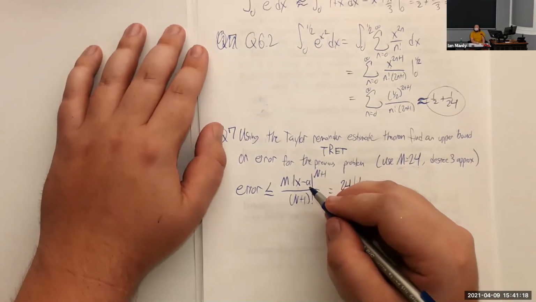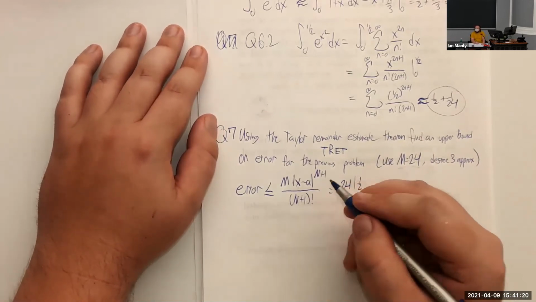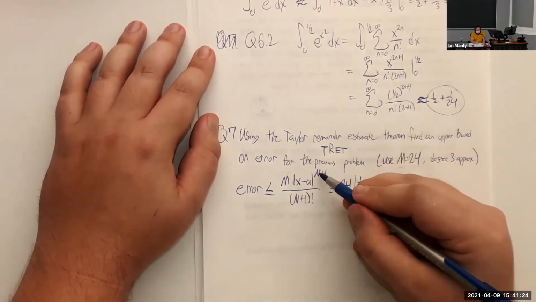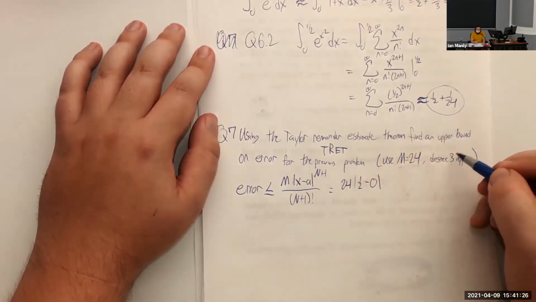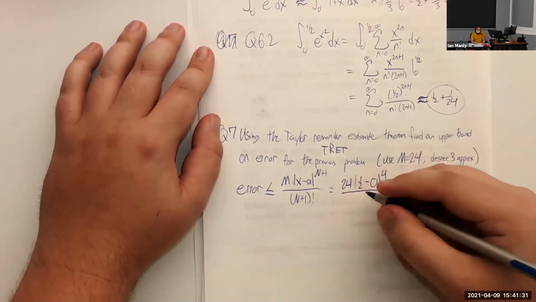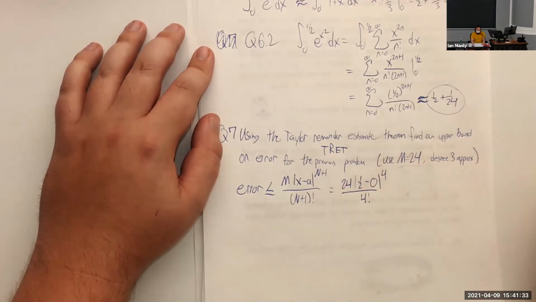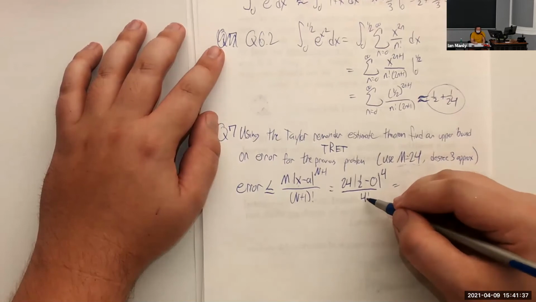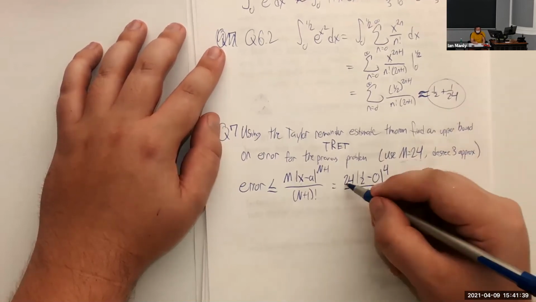A is the center of our series. Now we used a Maclaurin series, right? So the center of our series is 0. And then n is the degree. So we have 3, and then we add 1, and we have 4. And then we also have 4 factorial down here. All right, so coincidentally, 4 factorial actually equals 24.